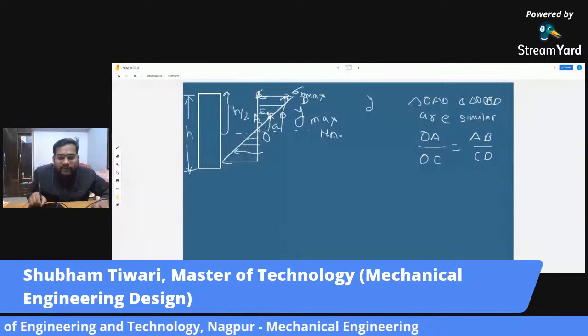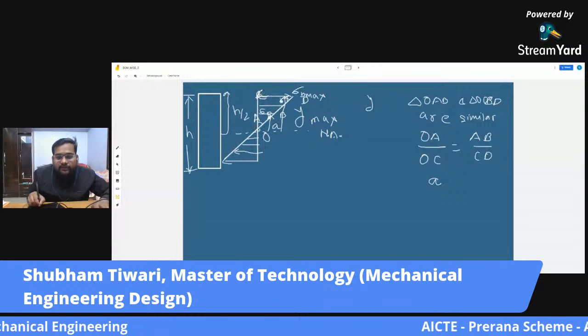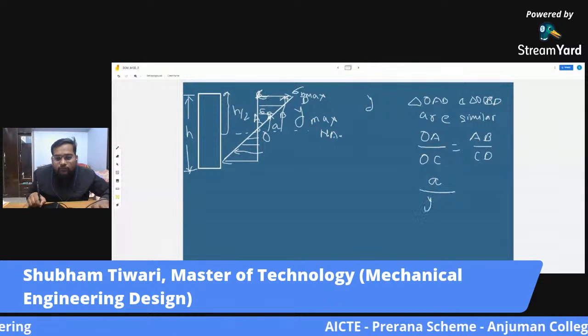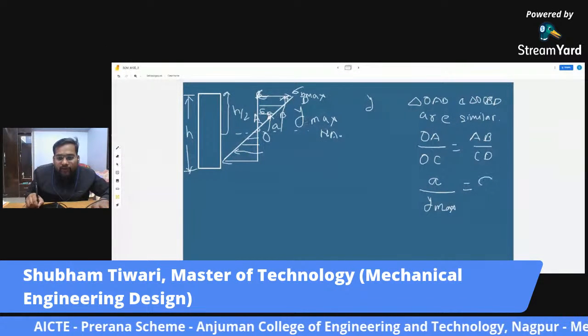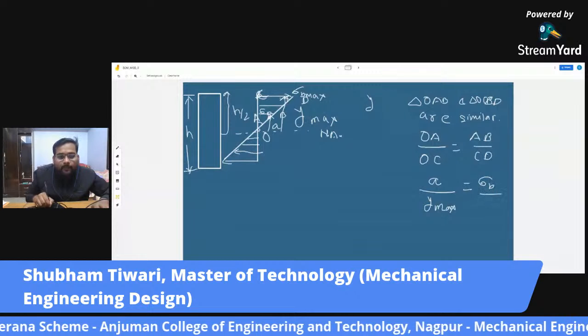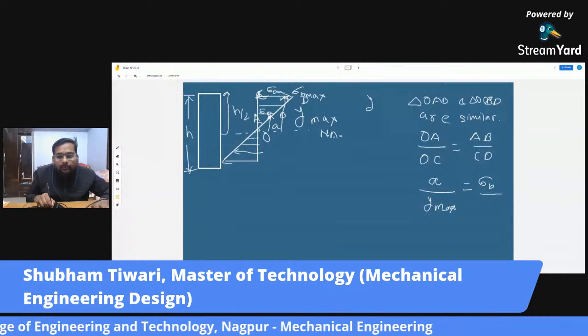Now what is OA? From O to A, the distance is small a. From O to C, the distance is y max. What is AB? AB is what you have to find, the bending stress. And what is CD? CD is sigma b maximum.